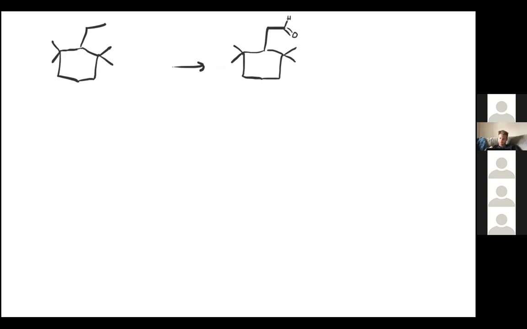So I'm going to work a little bit backwards and then try to go forward through this. So we probably need to generate something that looks like this here. Then we could add in our BH3THF, NaOH, and peroxide to generate our final product here. So our goal is to try to generate one of these terminal alkynes.